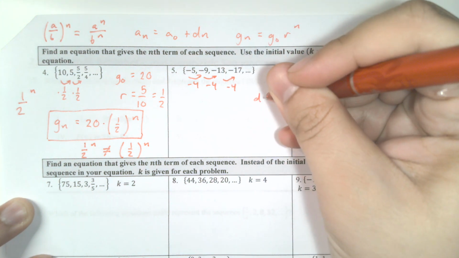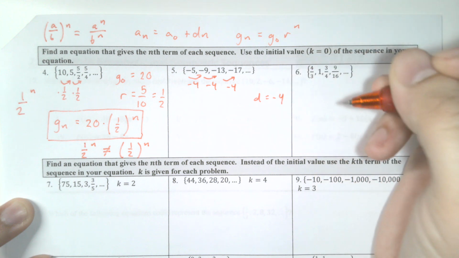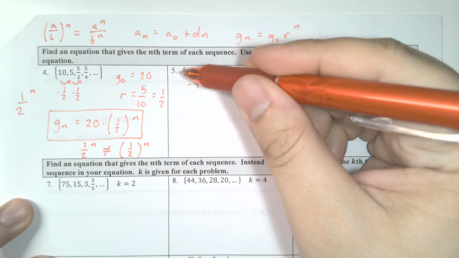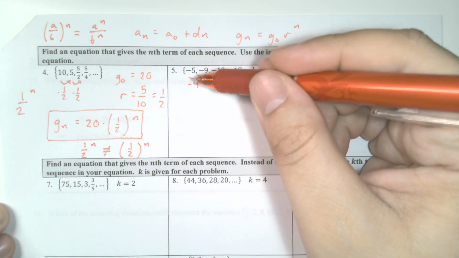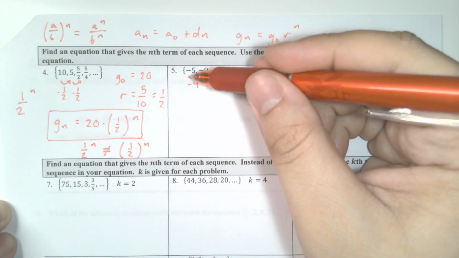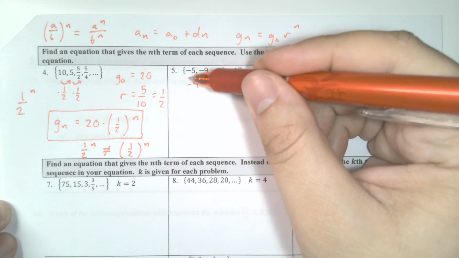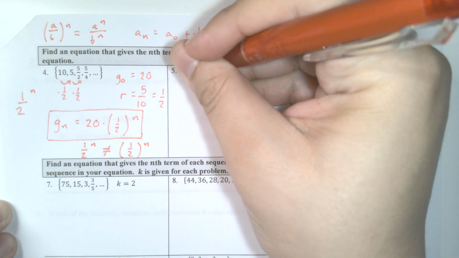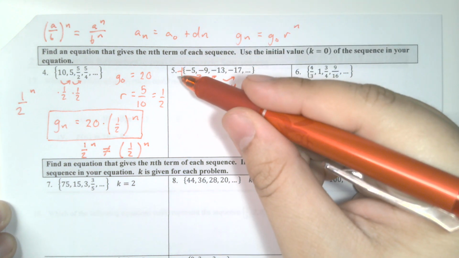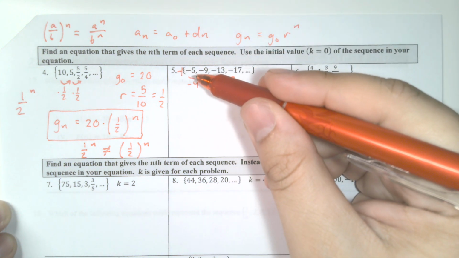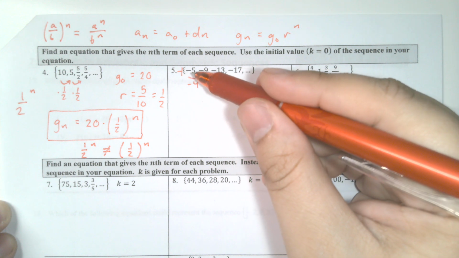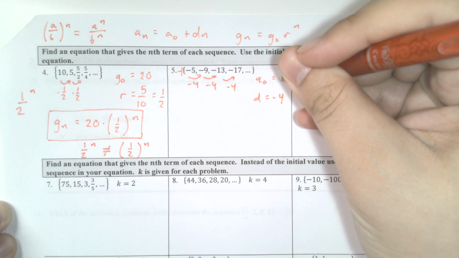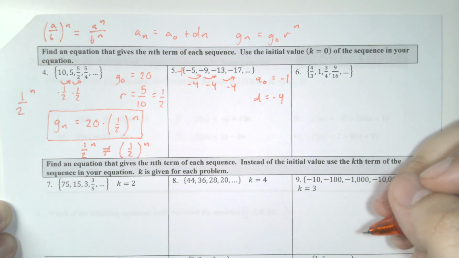So our common difference is -4, and then we want to figure out what the 0th term is. So we'll work backwards, and we add 4 to work backwards. So this is going to be -1, because again, -1 minus 4, if we're working forwards, is -5. So a sub 0 is -1.